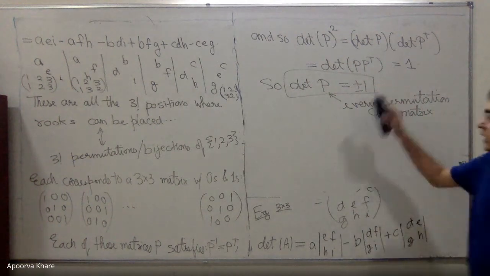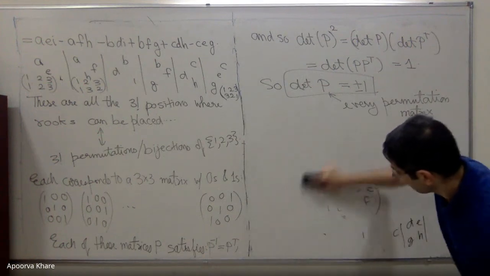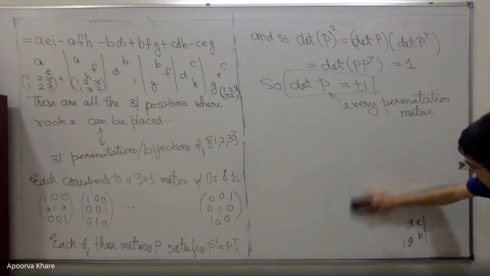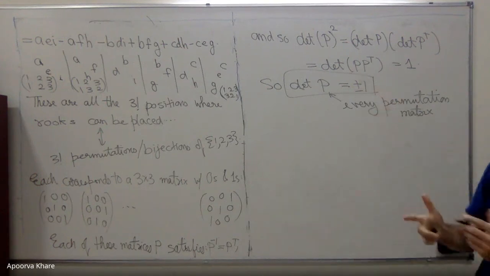Okay, and now with this formula, I can tell you the expansion of the determinant. It's basically exactly like this one in the 3 by 3 case.